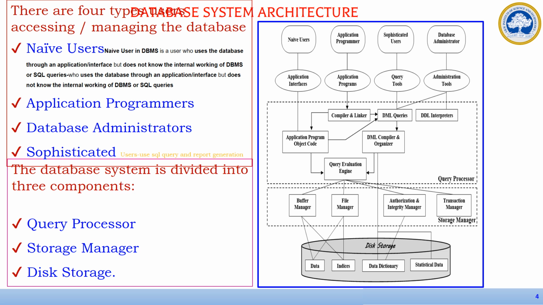So this is the system architecture of our database management system. We have four kinds of users: naive user, application programmer, sophisticated user, and database administrator.